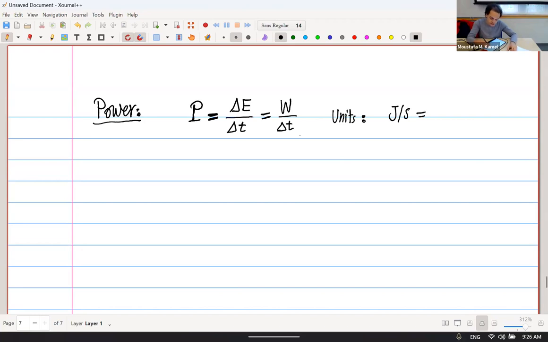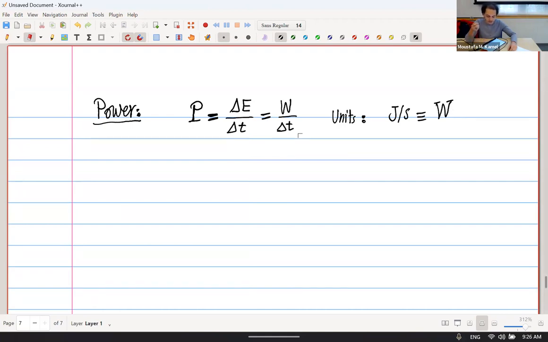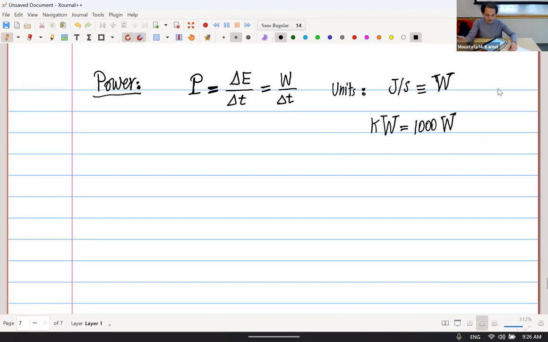Joule per second is given the special name watt, big W, or you can spell it out, but usually it's just big W. And the value that you usually see is kilowatt. So kilowatt is just 1,000 watts. Okay. This is power.